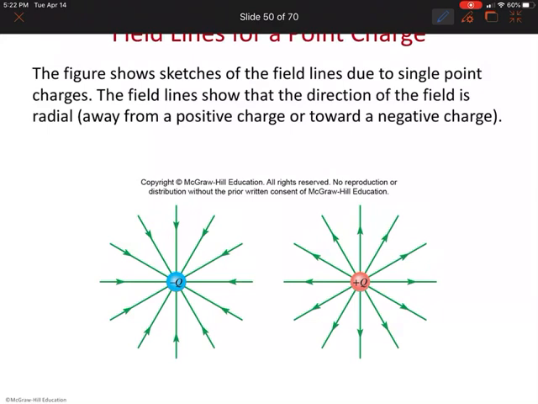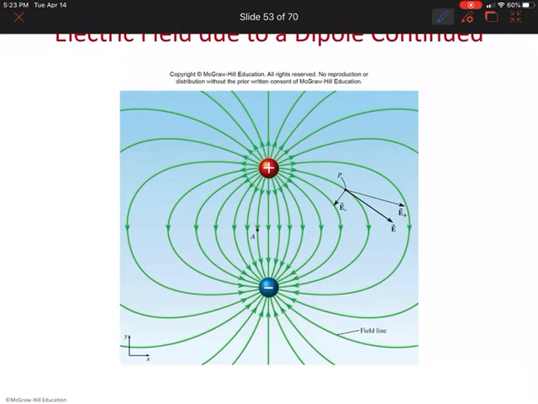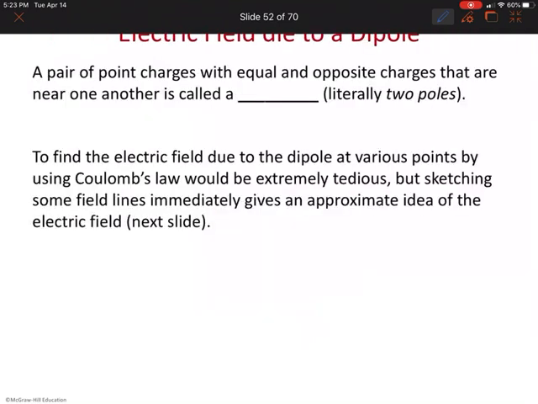They're the exact same as far as number, so they have the exact same number of arrows or vectors coming off or towards them. And then it's also showing, this one's a little bit harder to see, I think. Maybe it does a better one. Not really. This is showing that the lines are close together. They're all supposed to be the same size. It just looks different to me.